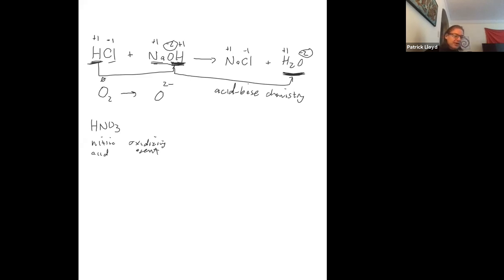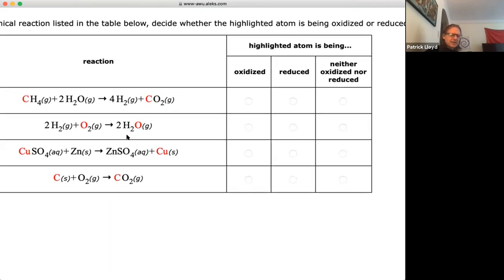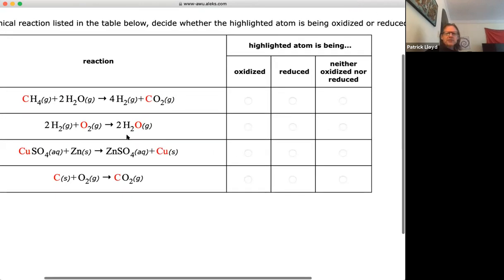Okay, so let's take a look at this identifying redox reactions question. In this question, we're just trying to tell whether something is getting oxidized or reduced. It may be a little bit difficult for you to see, but they're just doing it to one element.